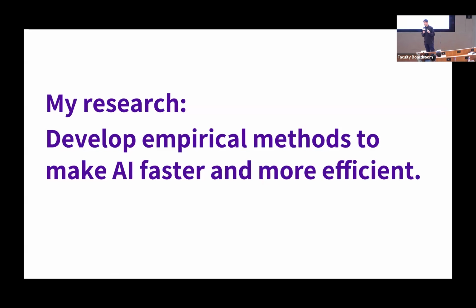Training AI is kind of an empirical study, so my current research is to develop empirical methods to make AI faster and more efficient. But we also had some convergence study in our paper. If you like, we can talk after this presentation.